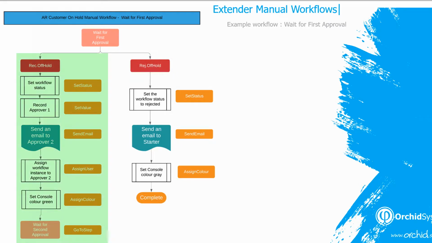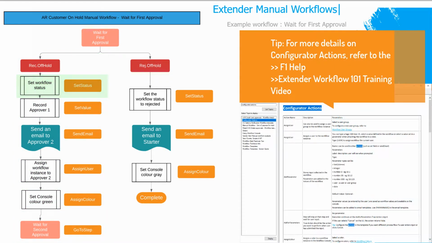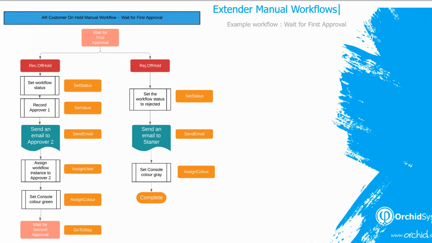The recommend off hold step needs to set the status of the workflow, set the value, who did the approving of the first approval, send an email to the second approver, and assign the workflow instance to the second approver, and set the color of the console to green. But if the workflow instance reject off hold is clicked, then it's going to set the status to rejected, send an email to the starter, and assign the console color gray.